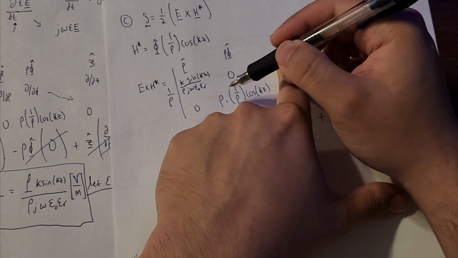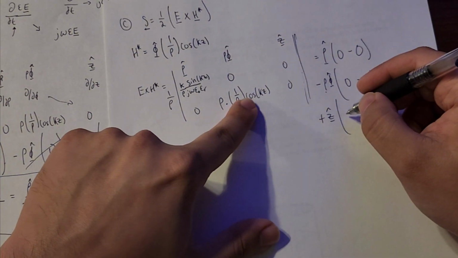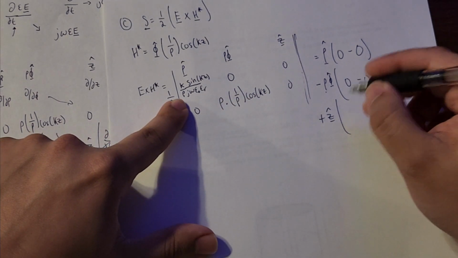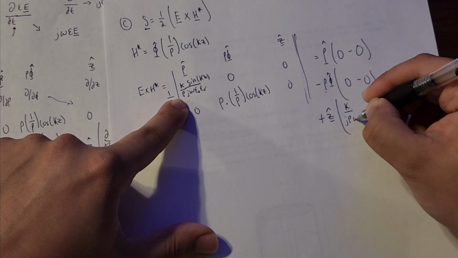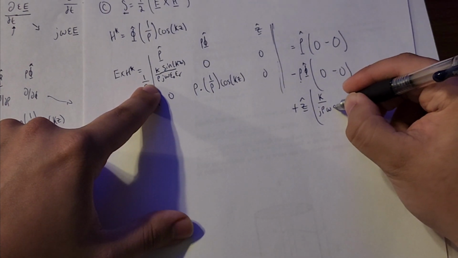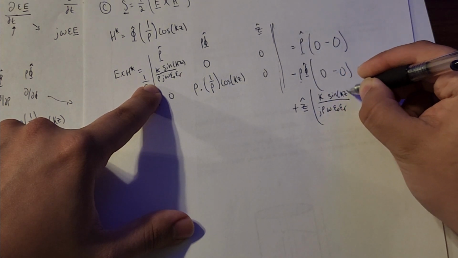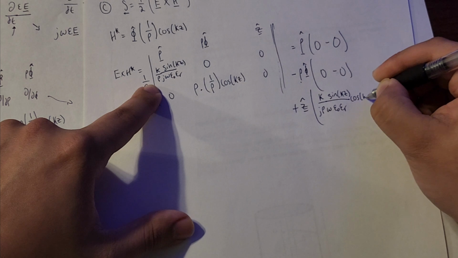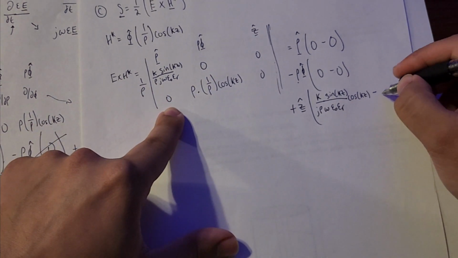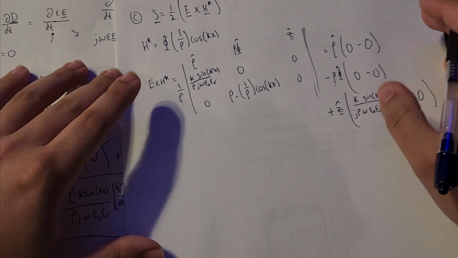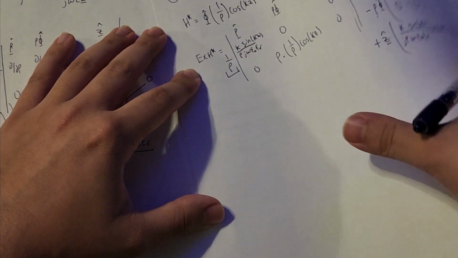This times this, that's what we want. Rho times 1 over rho is 1. So we're left with cosine kz for this one. But then we have k over rho, we can put the j out in front, omega epsilon naught epsilon r sine of kz cosine of kz minus 0 times 0 is 0. So we cannot forget this, by the way. This 1 over rho is very important.